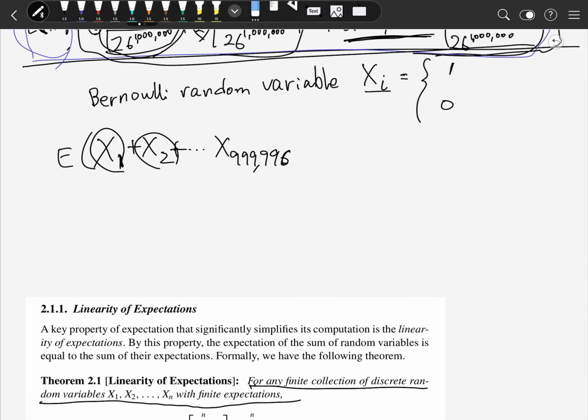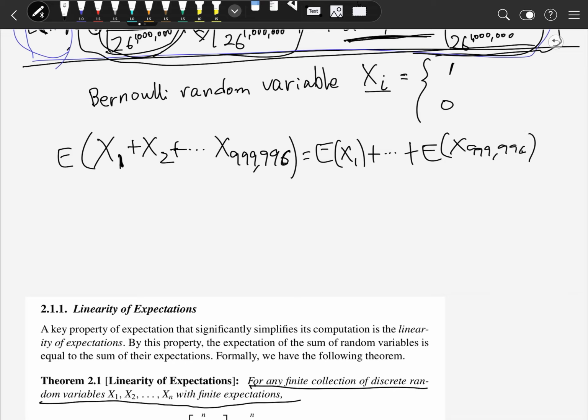So we use that, and we have E[X1] plus all the way to E[X999,996]. And we can easily know that the probability for Xi is always 1 over 26 to the power of 5.